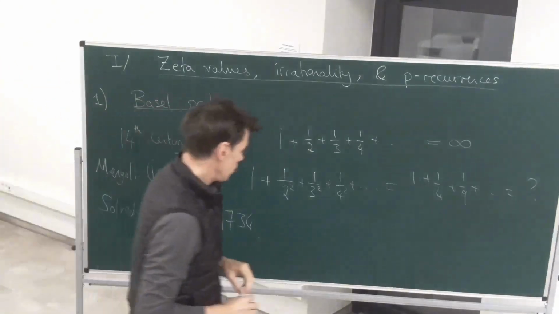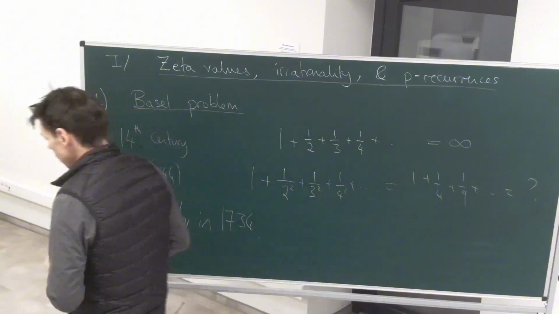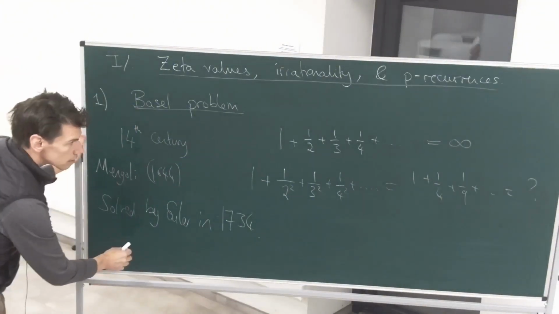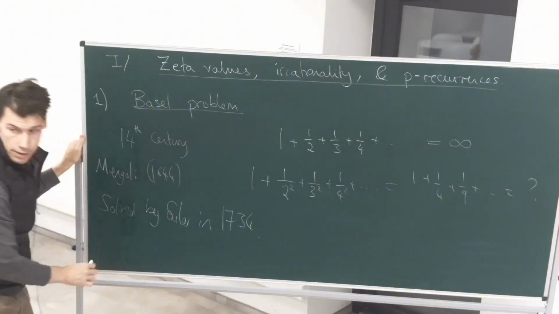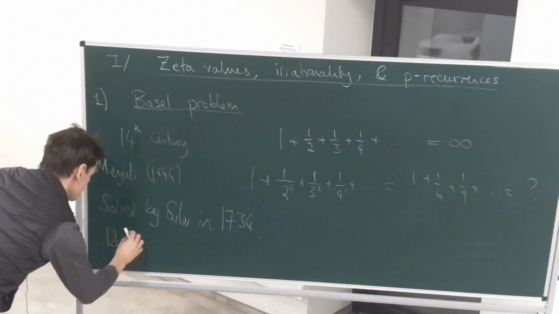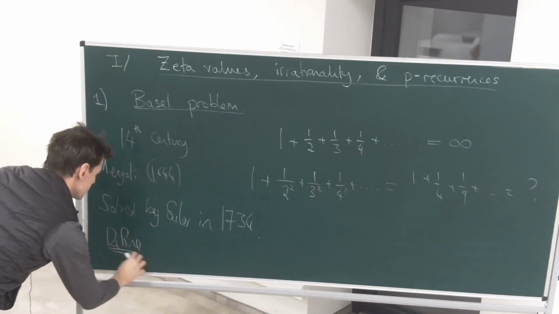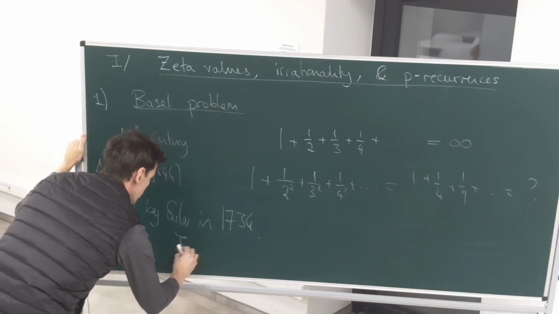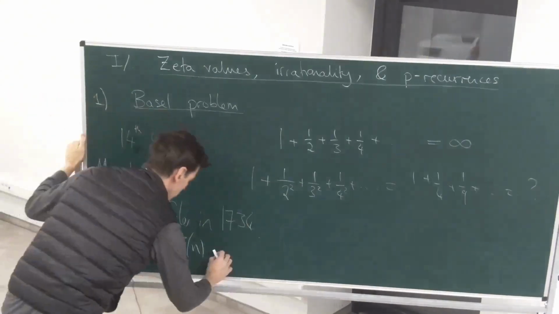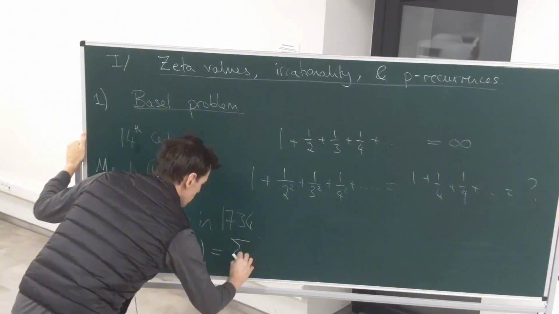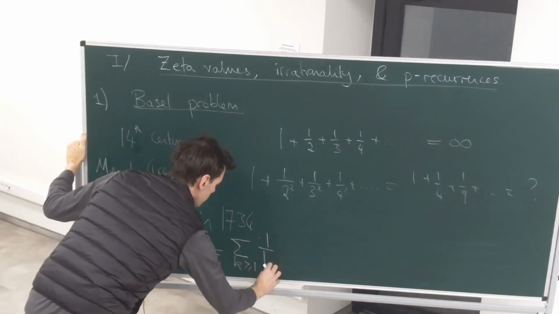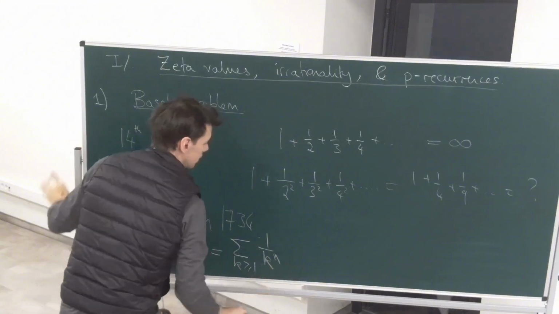So what did he show? Let us define zeta of s equals the sum over k bigger than or equal to 1 of 1 over k to the n.